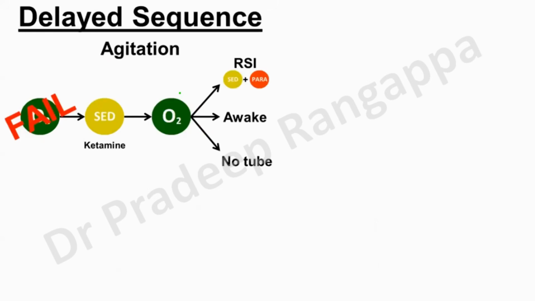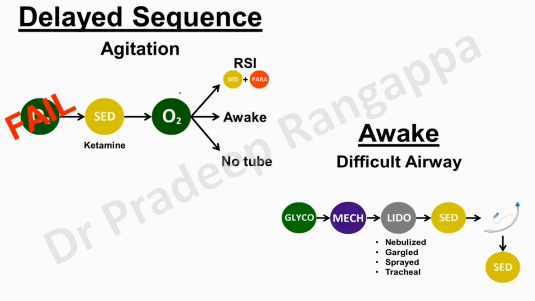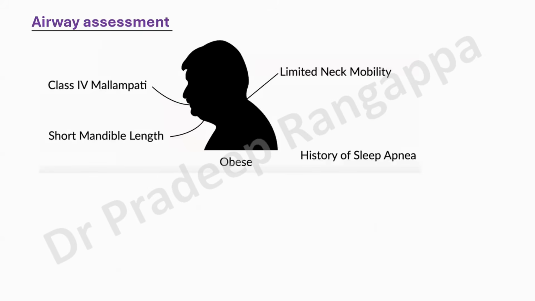If there is a failure to oxygenate and the patient is agitated, one could use ketamine as a sedative, oxygenate, and then have awake intubation or rapid sequence induction. If someone is not able to ventilate and you're anticipating a difficult airway, then one has to do awake intubation by instilling local anesthetic at the airway, and then sedation and intubation without muscle relaxation. So these are some of the different sequences.